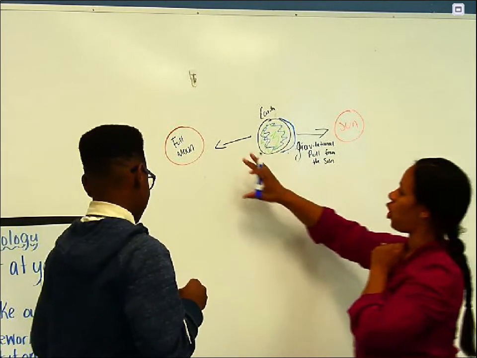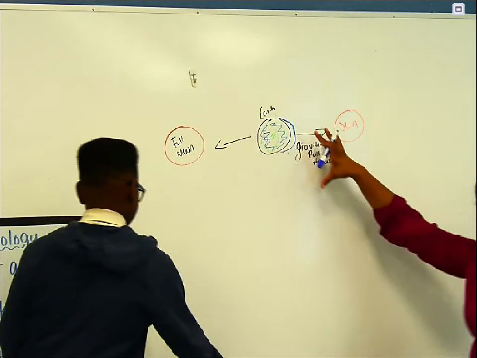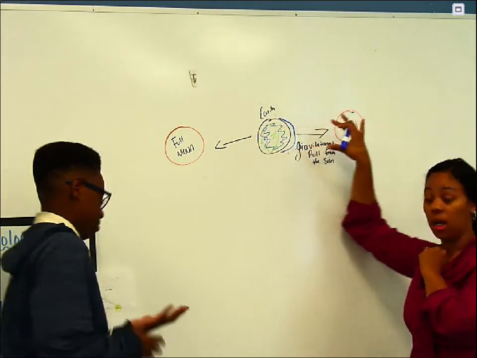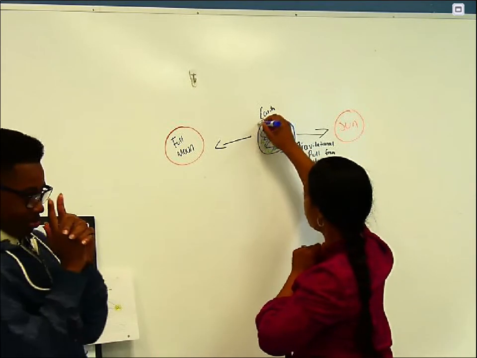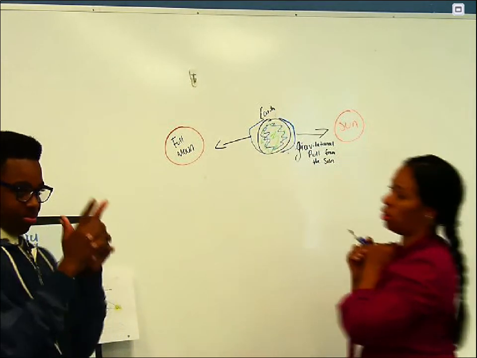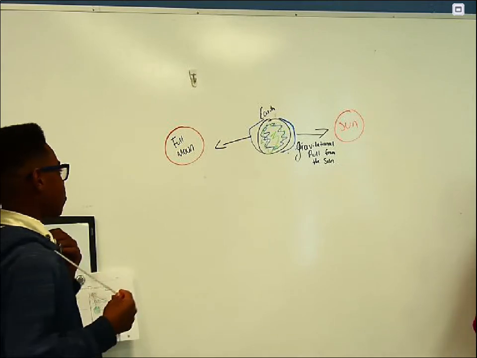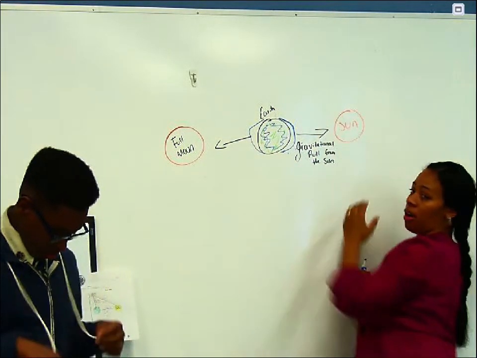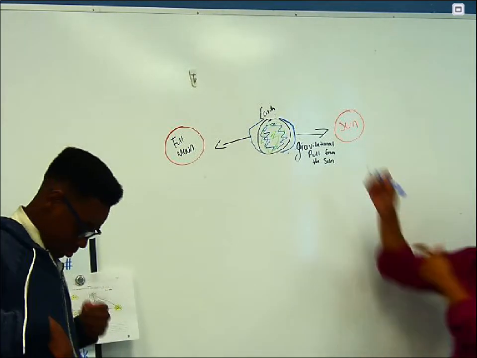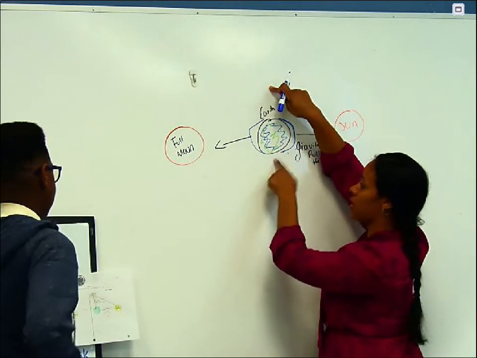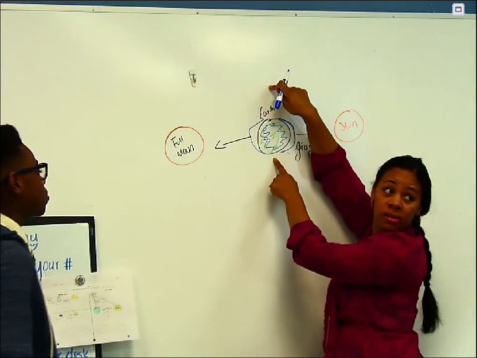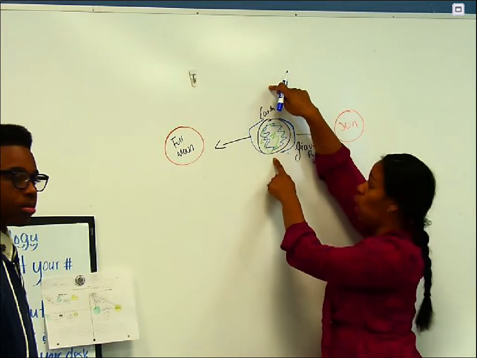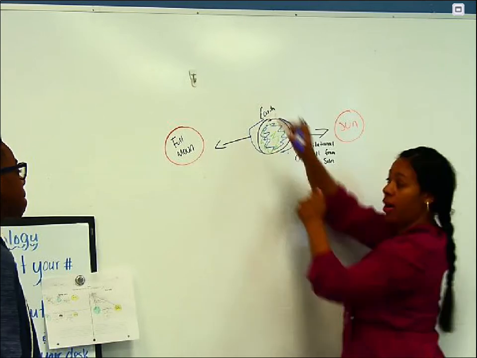So therefore, it's not the earth pulling on the moon, it's the moon pulling on the water from the earth. So therefore, our water would bulge out like so. So again, if we're on this side of the earth and on this side of the earth, we're having extremely high tides. If we live in the North Pole and the South Pole, then we're having what kind of tides? Low tides.